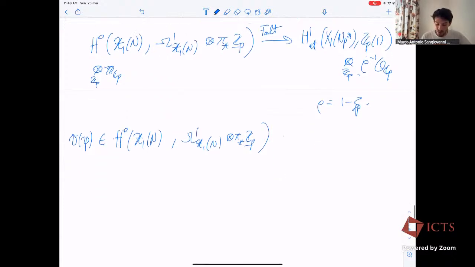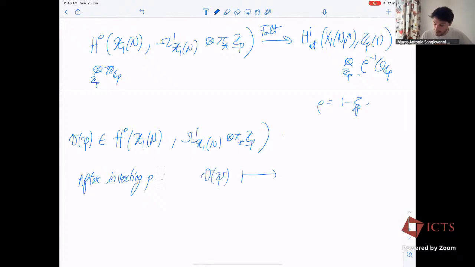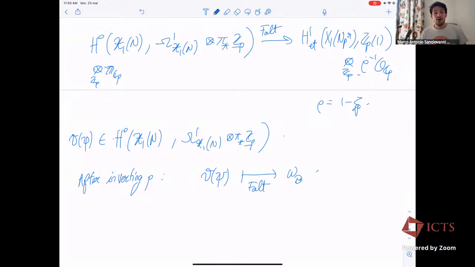And let's say that after inverting p, theta of psi gets mapped to some element that I will denote by omega of psi.